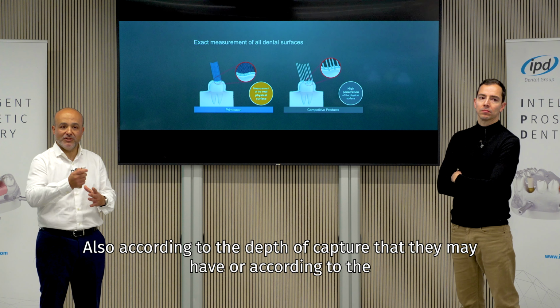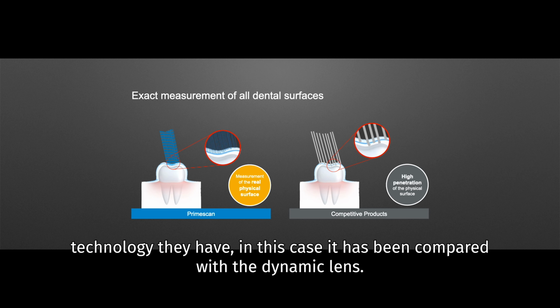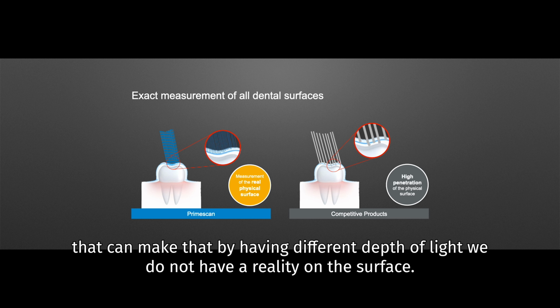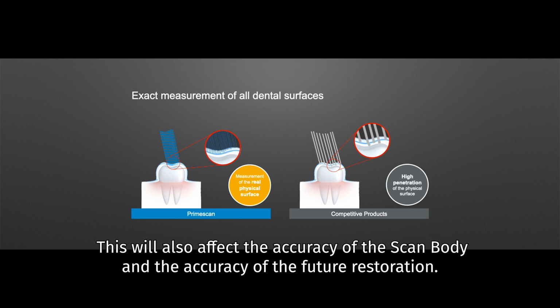Also according to the depth of capture that they may have, or according to the technology they have. In this case, it has been compared with the dynamic lens. If we have a fixed position and we have different anatomy, that can make it so that, by having different depths of light, we do not have trueness on the surface. However, if we have the possibility of capturing different depths, we will have a more realistic surface.